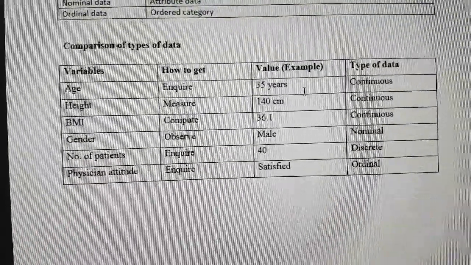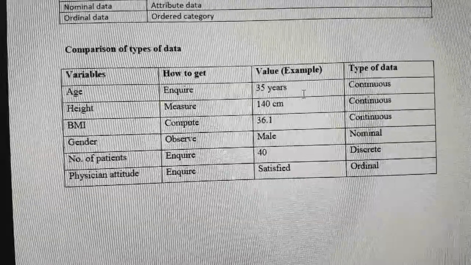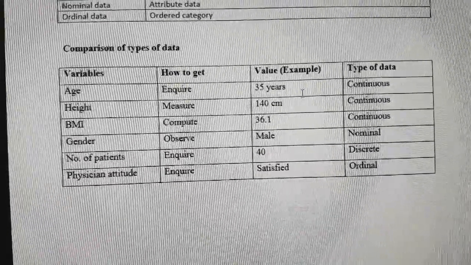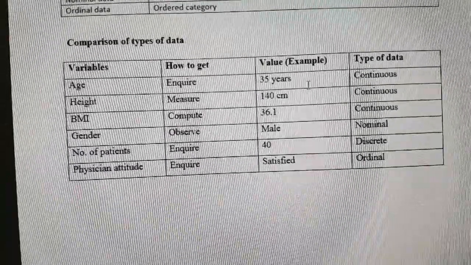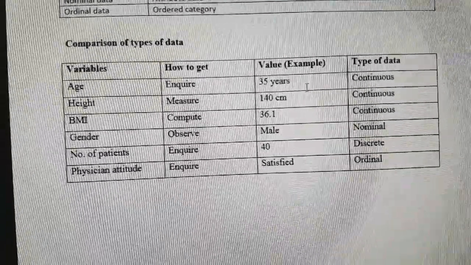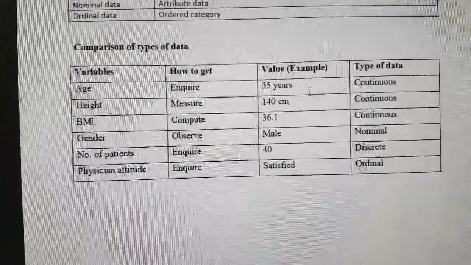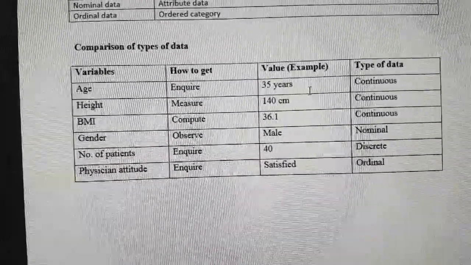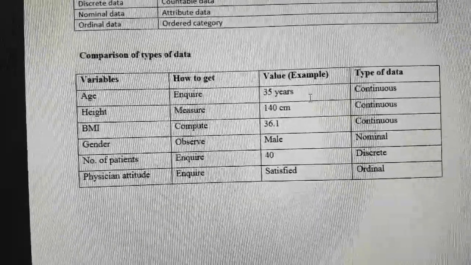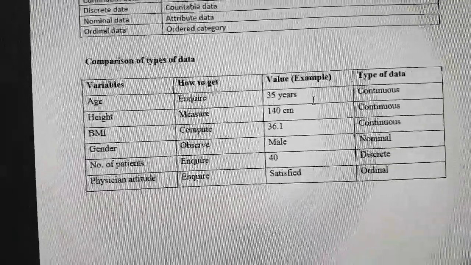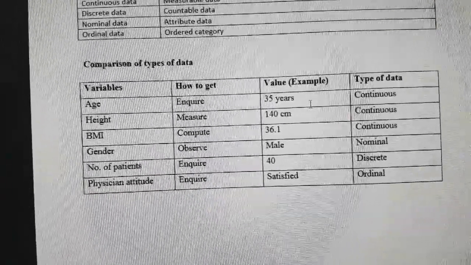Here we'll see some comparison of types of data. I have four columns in this table. The first one is variables, the next one is how to get, the next is value, for example, and what is the exact type of data. So for example, age. How to get age? Inquire. For example, 35 years, so continuous data.